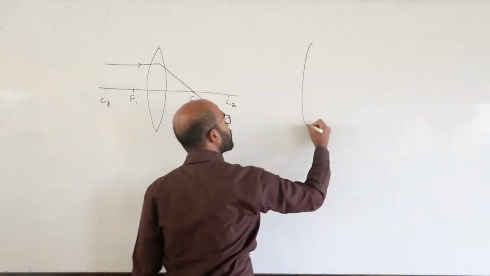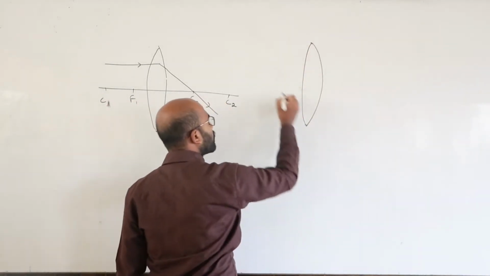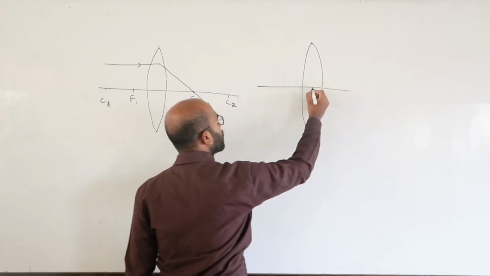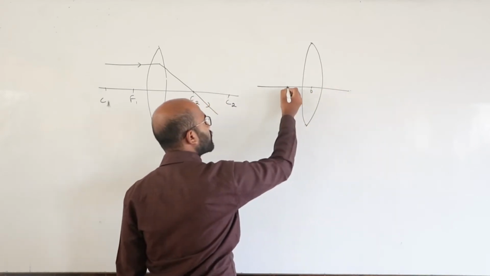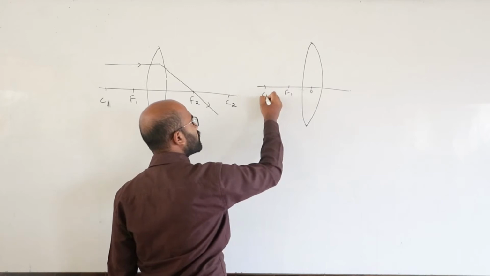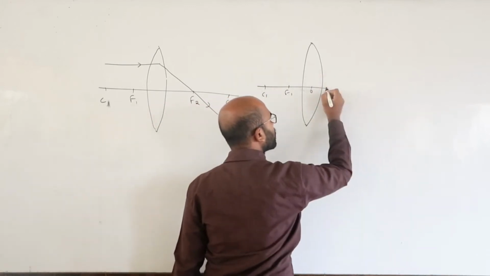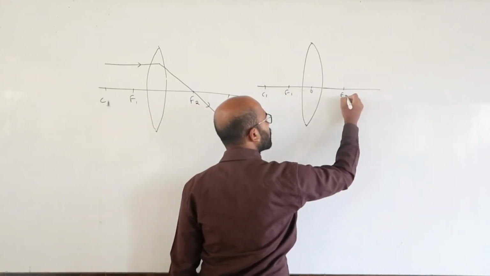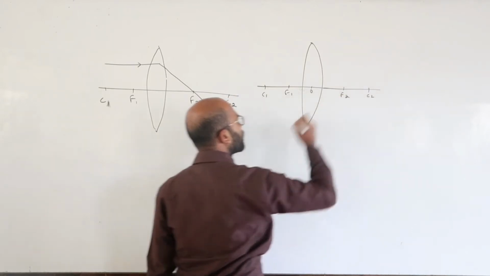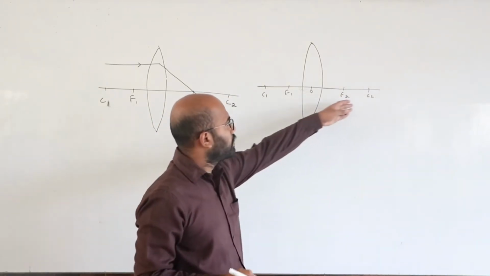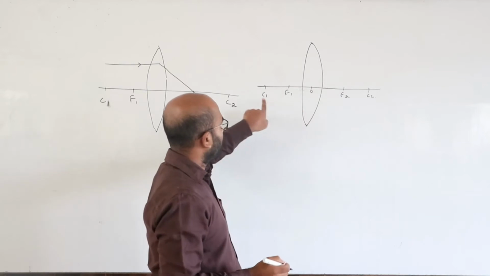Similarly, this is optic center, F1, C1, F2, C2, or you can write it as 2F2, 2F1.